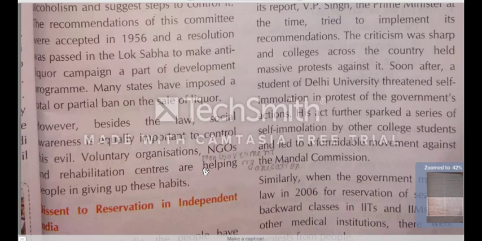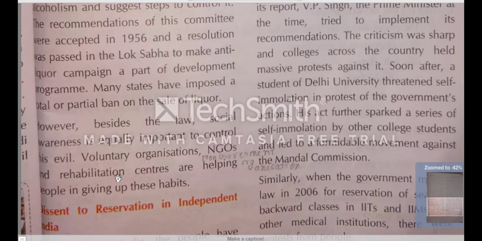NGO means non-governmental organization. Rehabilitation means punarvas, resettlement.